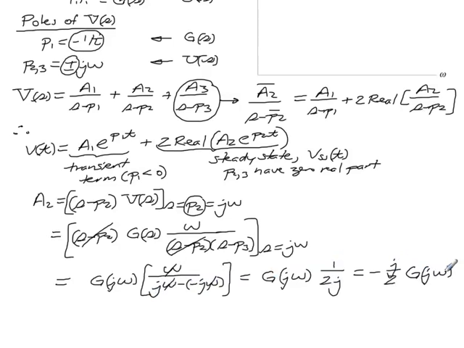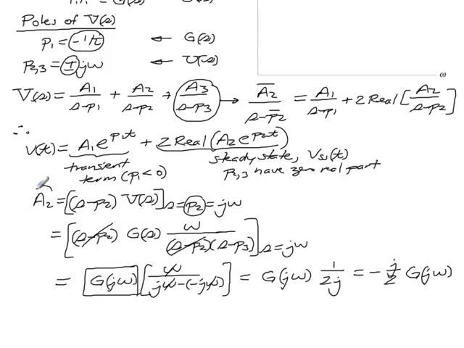Now hopefully this process is familiar and there's no surprises here. But what I want to point out is that this is likely the single most important step that we're going to use for the next 3 days of class. We evaluate the transfer function at j omega. Why is that? Well, that's just what the rules say.